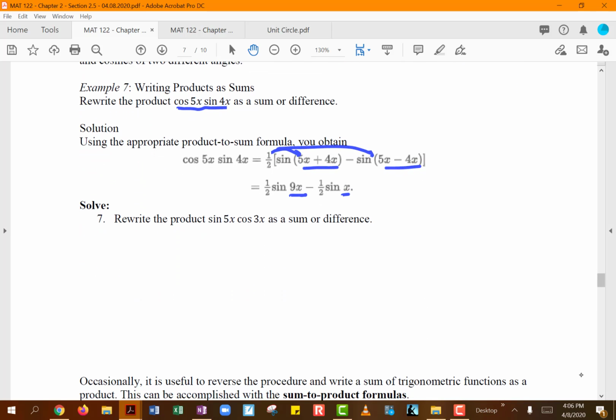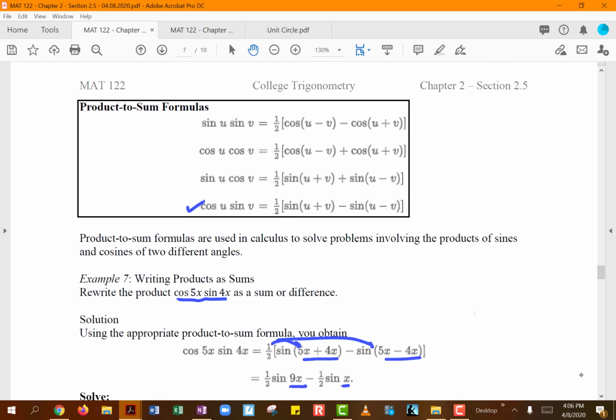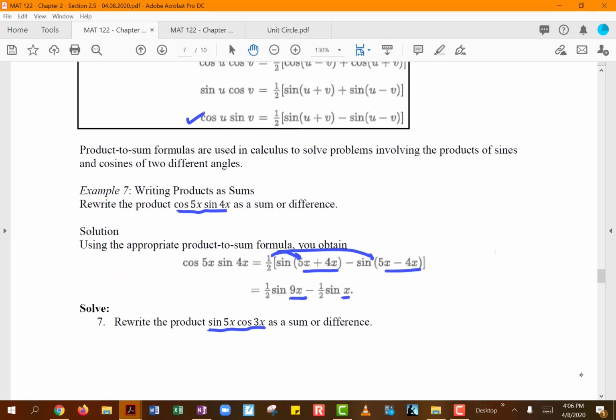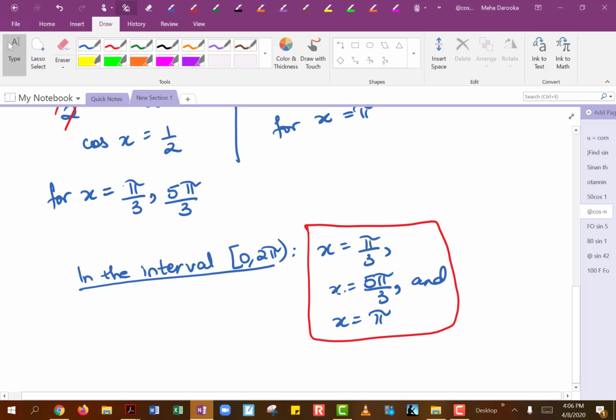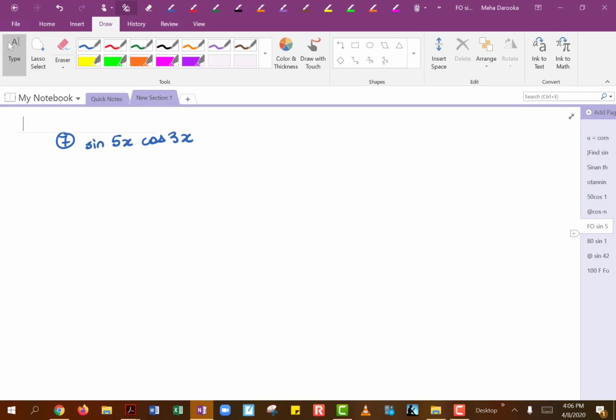Something very similar in our example: we are looking at sine of 5x multiplied with cosine of 3x. Sine of 5x multiplied with cosine of 3x is going to be this third formula over here that we are going to be using. So let's take a look at this one.